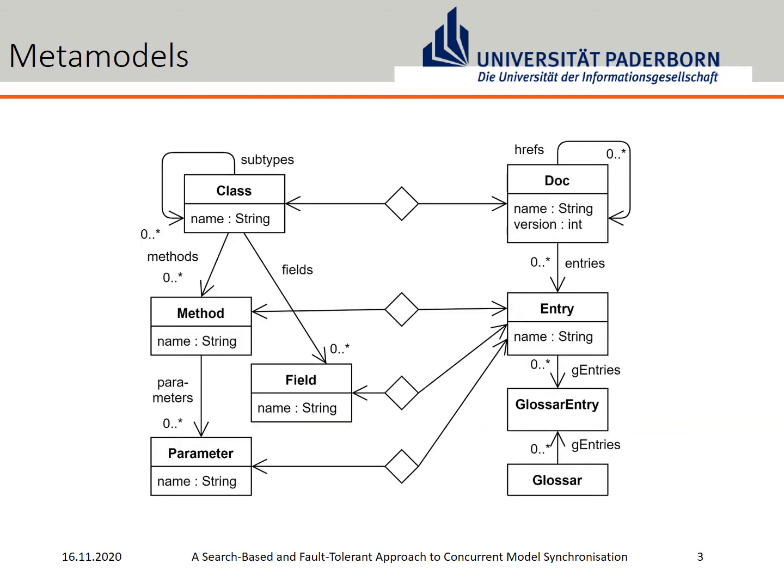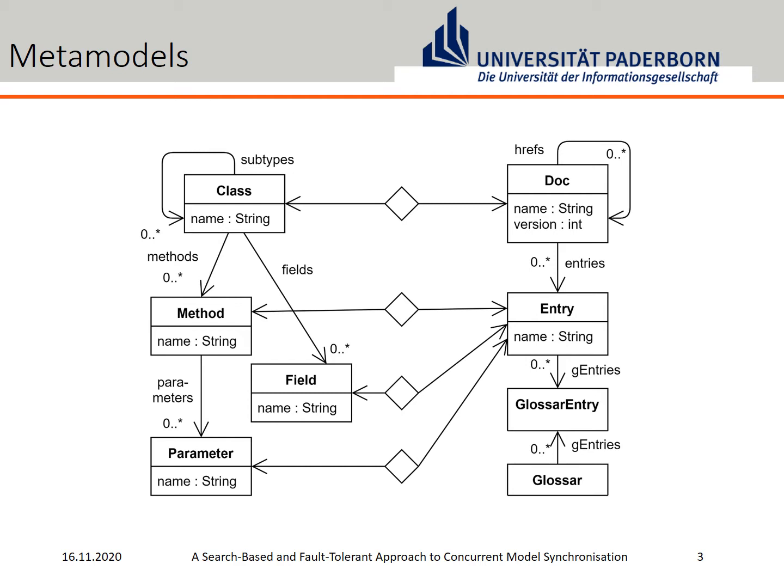Although the example is also shared with the first presentation of this session, let's have a brief look at the metamodels again. On the left-hand side, you see the model for the Java code. Classes can have an inheritance relation, and they have fields and methods. Methods, furthermore, have several parameters. On the right-hand side, you see the model for the documentation. Documents can be linked by hyperreferences, which is a similar circular relation as for the classes.